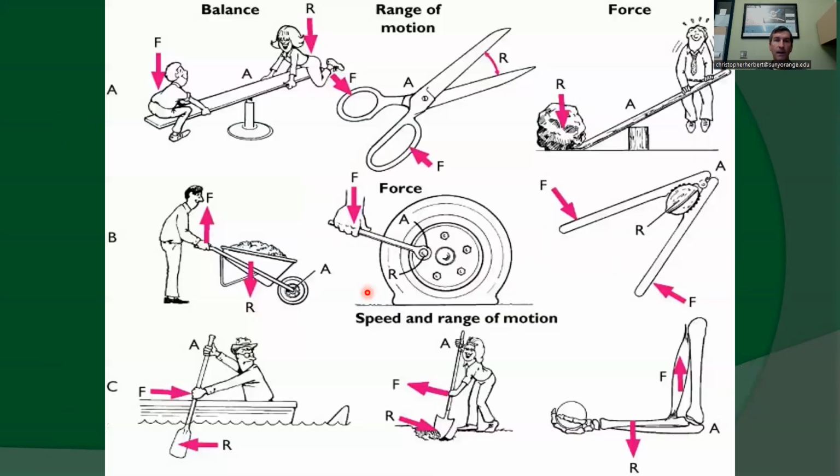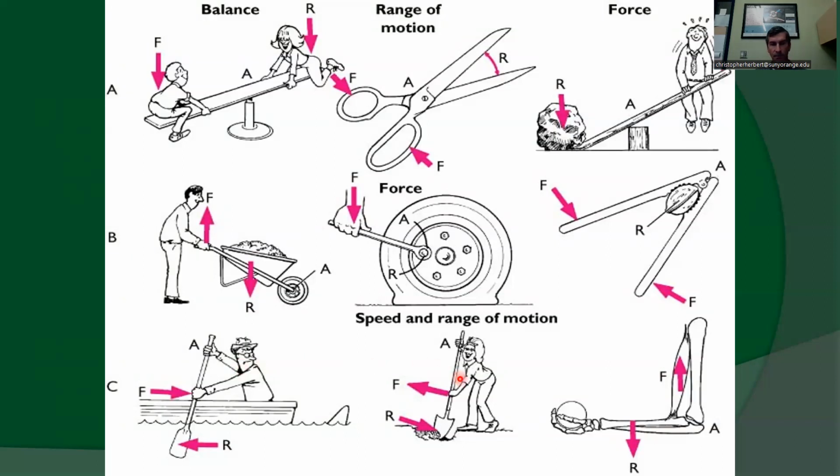Now, if we look at different systems, here we see a first class lever for a seesaw. Here we have 2 levers put together to create scissors. Okay, so this would be first class. Here's another first class. We have second class levers for wheelbarrows, for a wrench, for a nutcracker, and then third class levers for rowing.